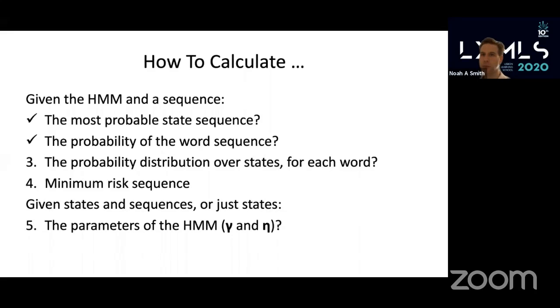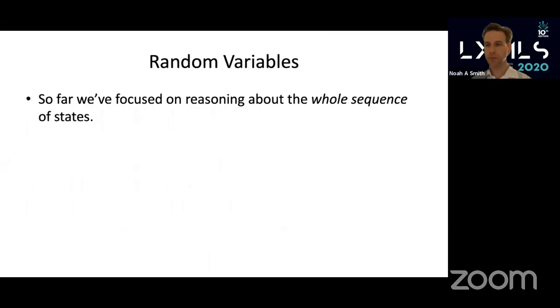Now I want to ask a more fine-grained question. Suppose I have my sequence of words, and what I'm interested in is asking, for any particular word, or maybe for all words, what is the distribution over states under the model? So leaving all the other words out, if I look at the word at a particular position, what should I believe about the states that might have generated it?